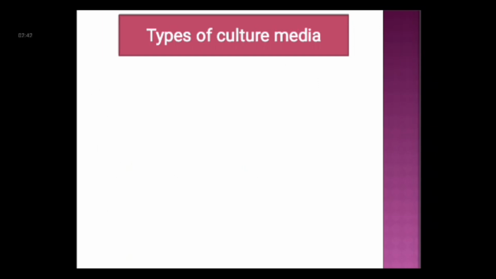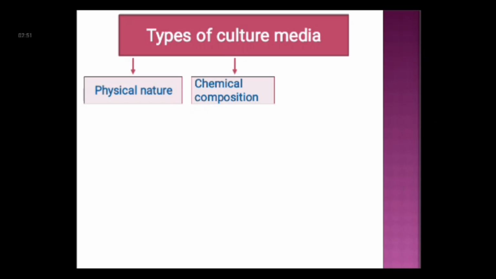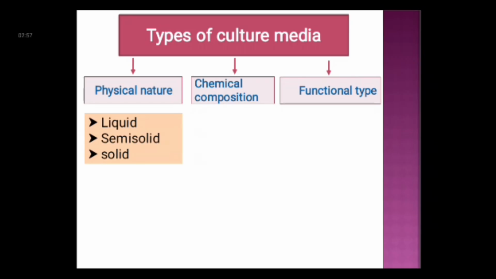Now let's discuss the types of culture media. Culture media are categorized based on their physical nature, chemical composition, and functional type. Based on the physical nature, they may be liquid, semi-solid, or solid. Based on the chemical composition, the culture media are synthetic or defined media, or complex media.